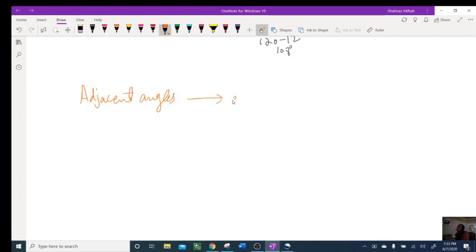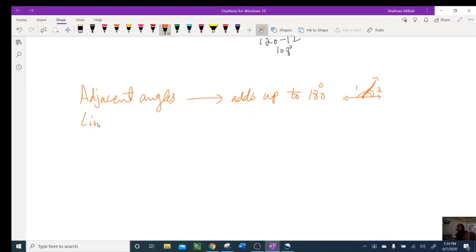These are supposed to add up to 180, and they are sharing. I'm just gonna draw a diagram here so you know what I mean. These angles don't have the same values, but these two angles, angle 1 and angle 2, are adjacent because they have a common vertex and they have a common ray they are sharing. Okay, and these two going in opposite direction.